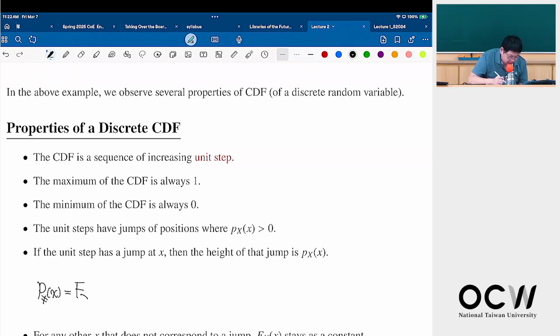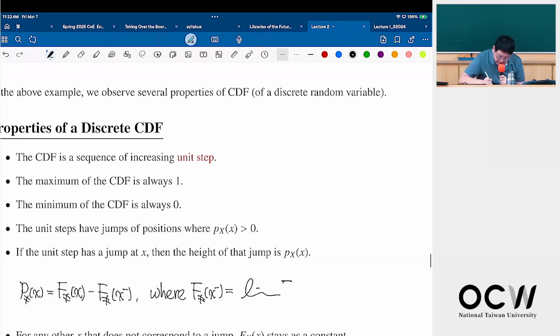That will be F of x minus F of x to the left, and this x to the left is like taking the limit as h goes to 0.